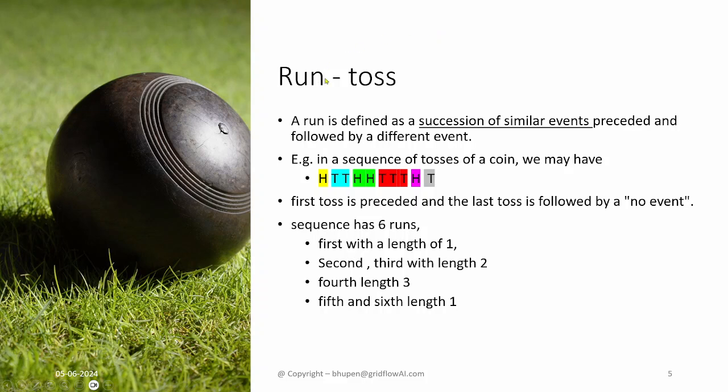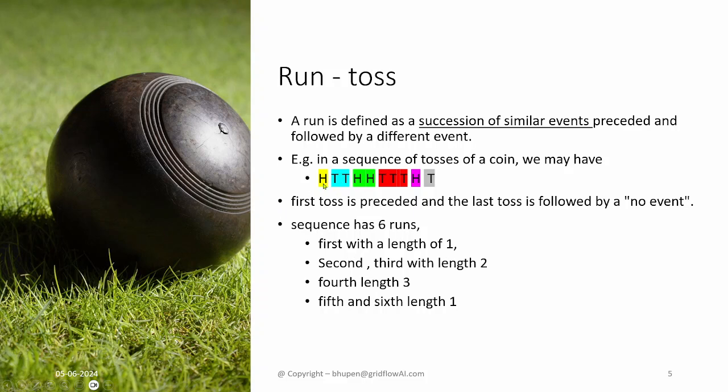So, for example, what would a run mean when we toss a coin? Let's say the series of events is head, then tail, tail, then head, head, then tail, tail, tail, then head, and then tail again. So that is a sequence of tosses of a coin, and if the toss is the same in a sequence, that would be one run.